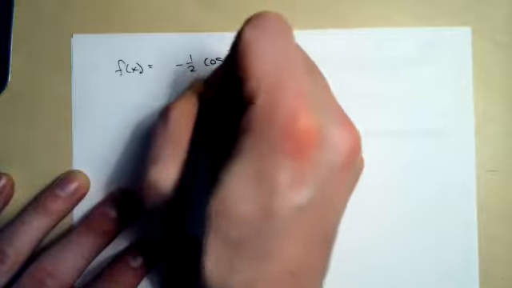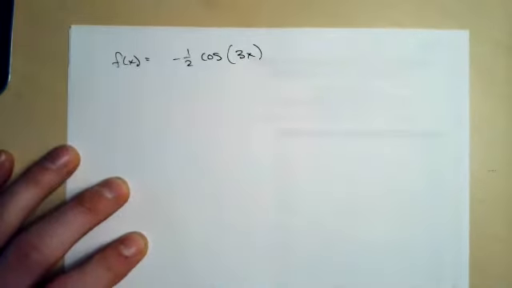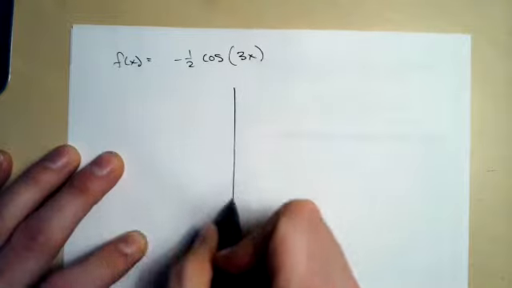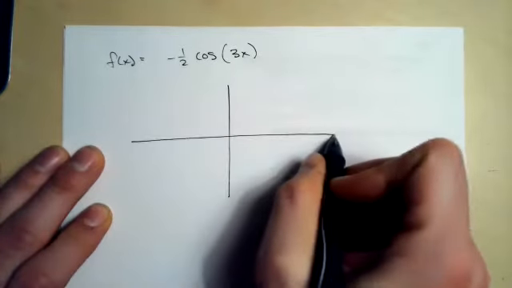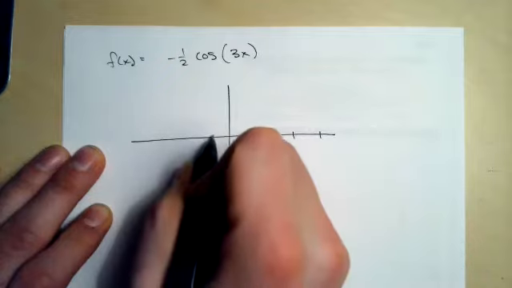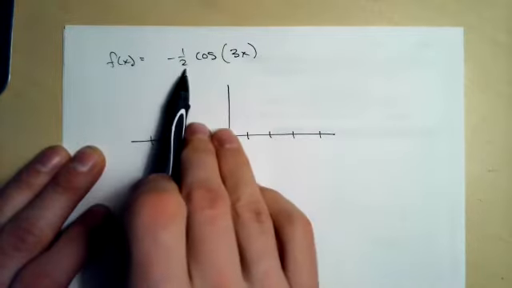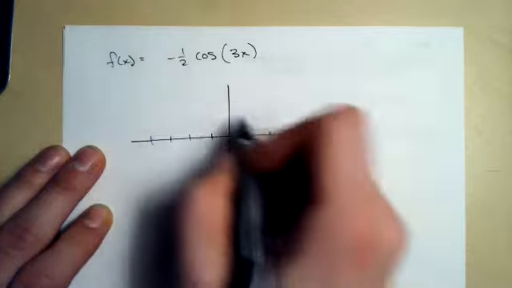So let's do minus 1/2 cosine of 3x. So now when we draw this, got our 4 tick marks. The vertical scale only goes up to 1/2.